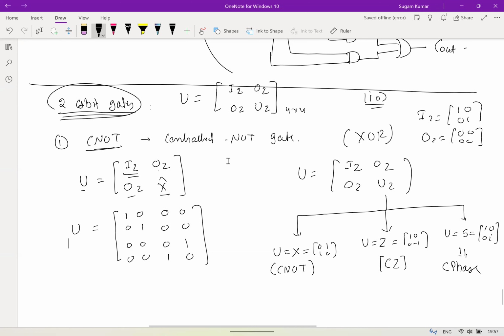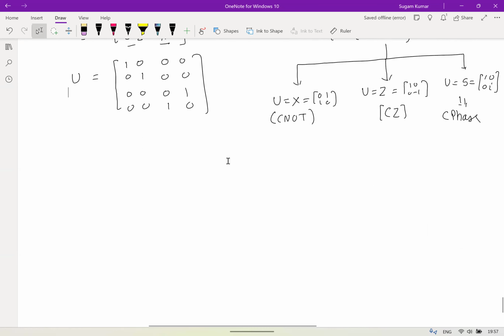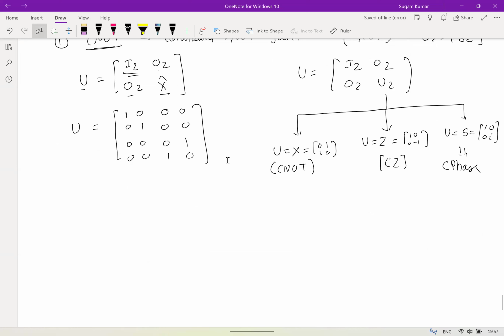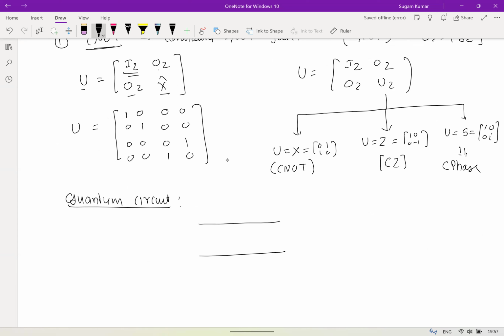And what does it do? In the CNOT gate, now I can talk about the quantum circuit of this 2-qubit gate. You have 2 bits here, one is A, the other is B. This acts like a control bit, and this acts like a target bit.